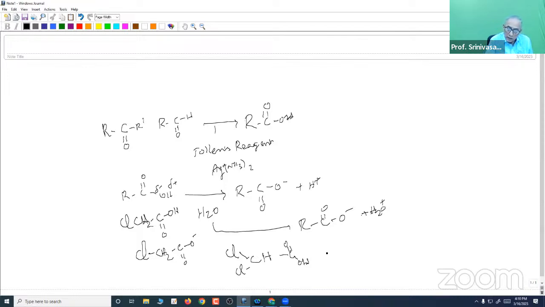If you have three chlorine atoms, now you have three chlorines pulling the electrons from the OH group.